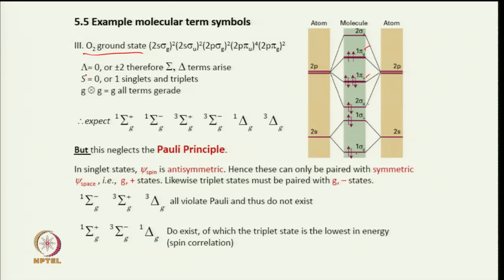So, here lambda will be 0 or plus minus 2, and S will be 0 or 1, and 2 electrons have g into g.